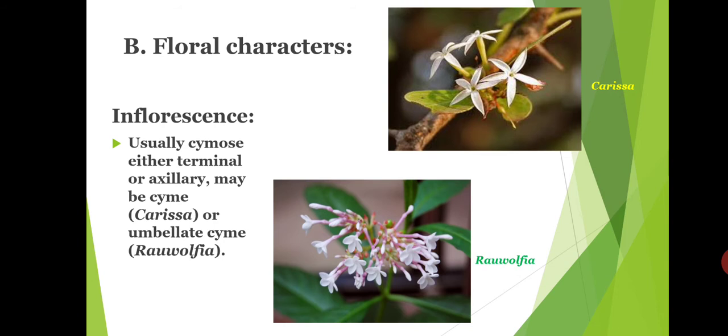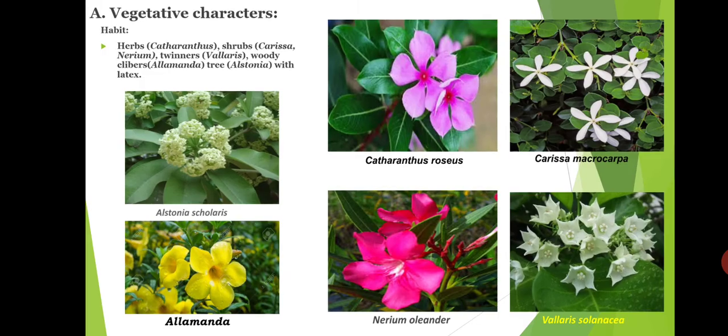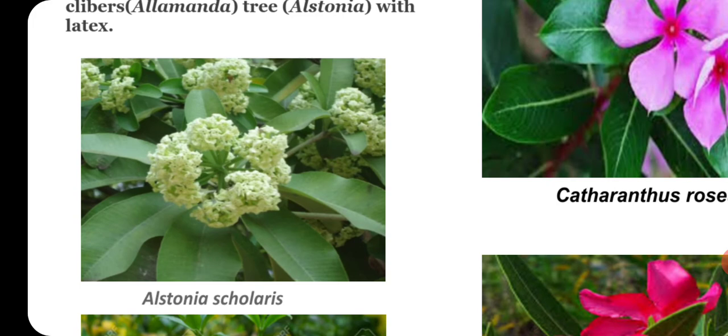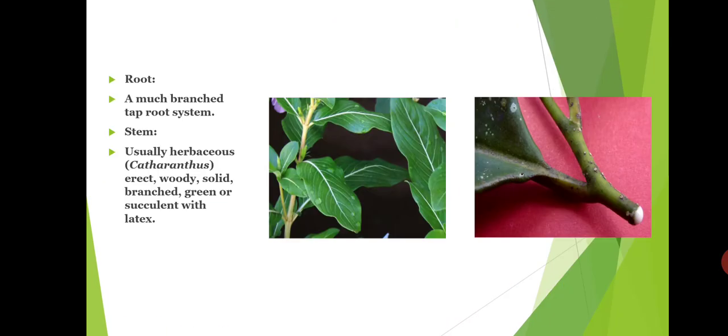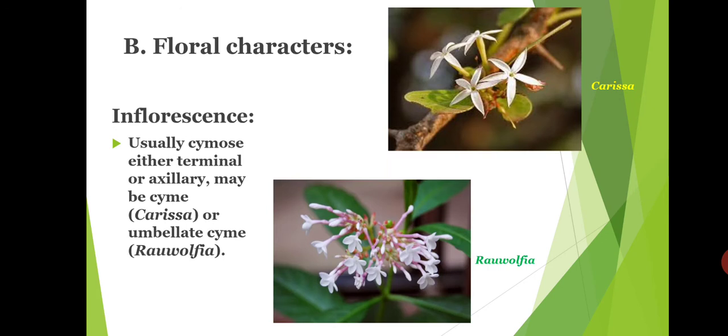Anyway, we can see a cymose pattern of arrangement. But in Alstonia, that is Edilambala, it is a branched panicle. Here we can see that paniculate nature. If we watch closely, each bunch has the arrangement of a cymose inflorescence, but it is in the form of a panicle. But in Vinca or Catharanthus, that is Shavanari, the flowers are solitary, single flowers.